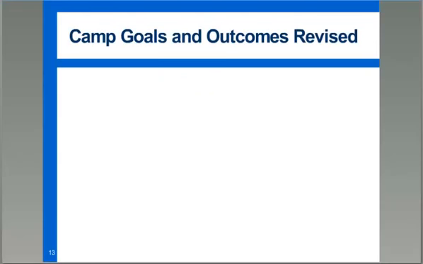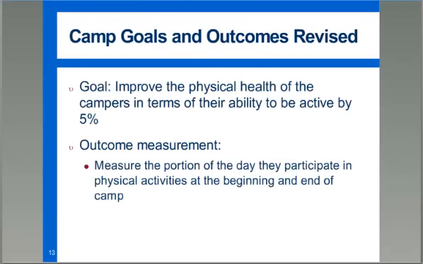A better statement for the camp might be the following: improve the physical health of the campers in terms of their ability to be active by 5%. The outcome measure then can be to measure the portion of the day they participate in physical activities both at the beginning and ending of the camp period. Again, we're allowing the time-specific nature of the goal to be understood to be the 2 weeks of the camp.